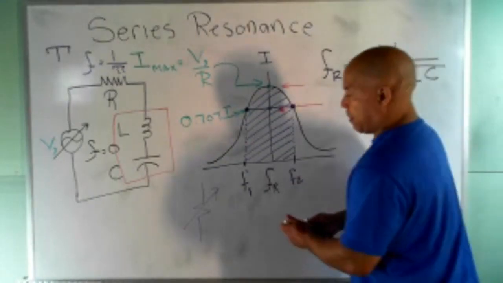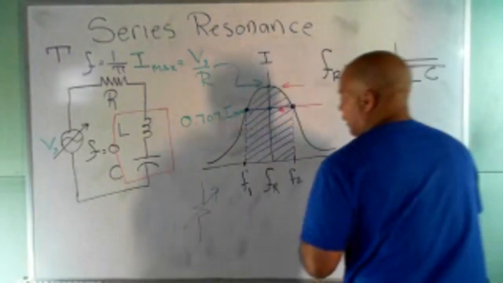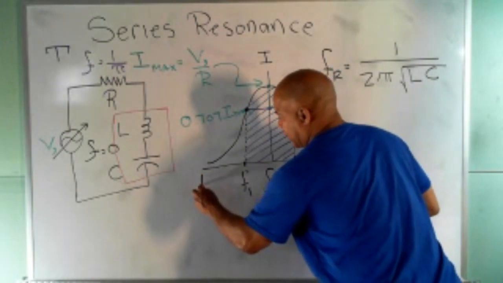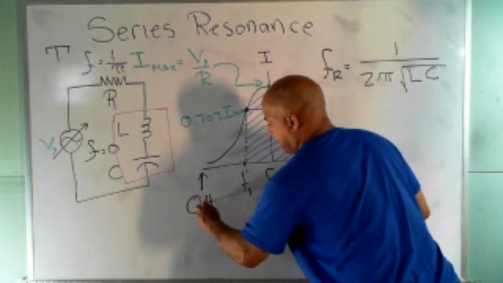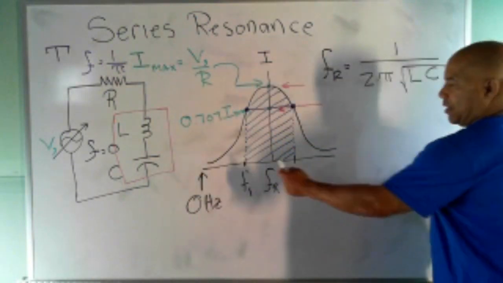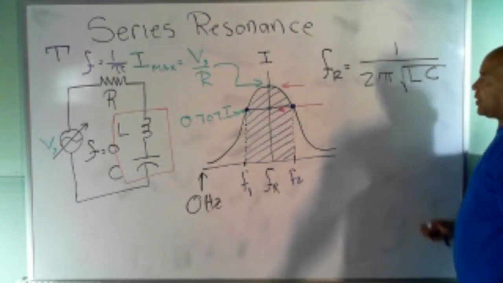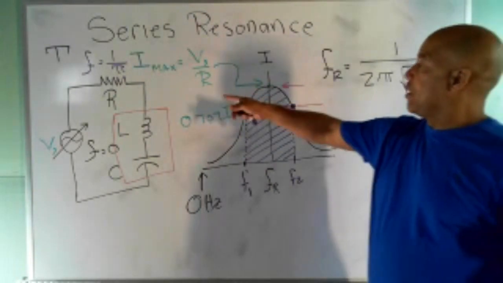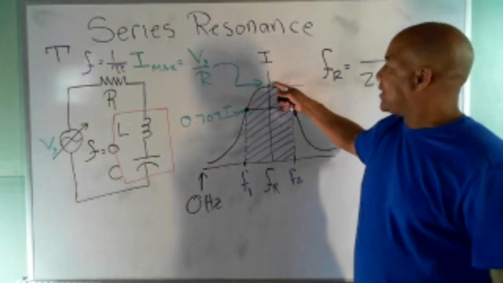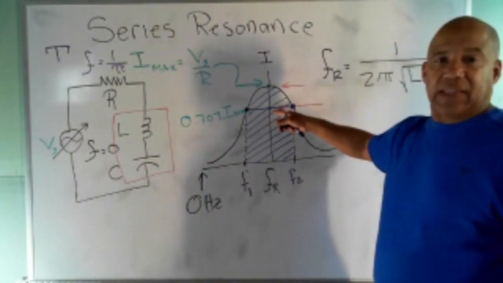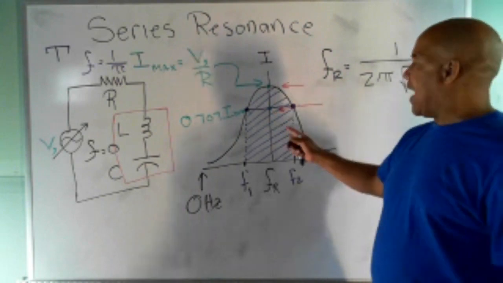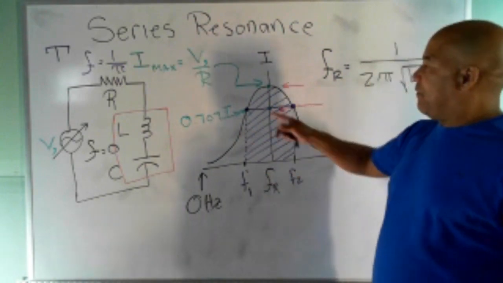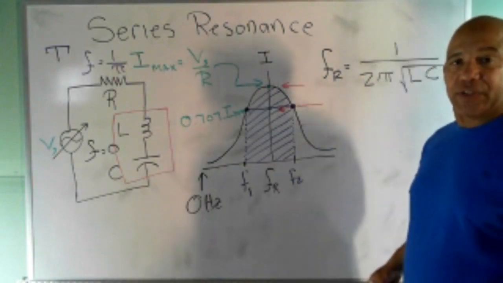Now remember, 0 hertz is on the left. So this right here is 0 hertz. And it goes up from there as I go this way. And at some point, we got the resonant frequency. And given the resonant frequency and the circuit, I can get I max. And given I max, I can take 0.707 of that and get this point. And then on this graph, I can draw a line and get F1 and F2 right away. Just given a few pieces of information, you can get all that other information.